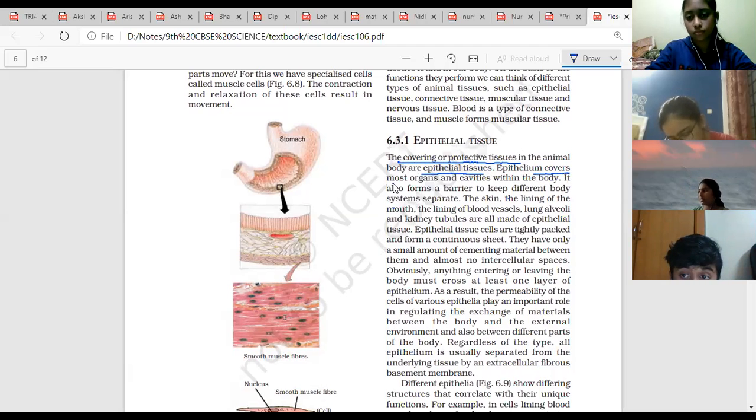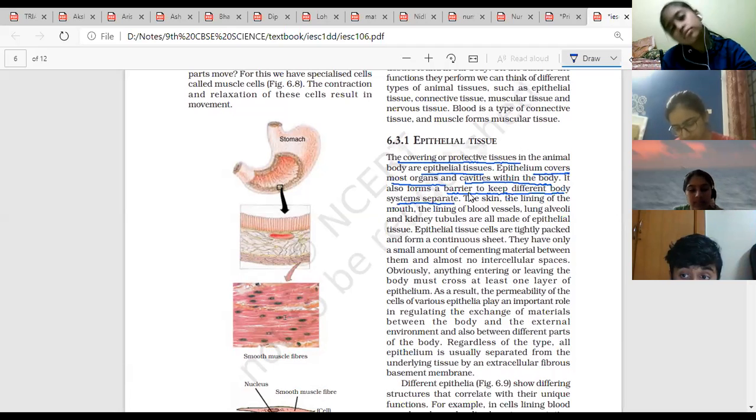Epithelium covers most organs and cavities within the body. It also forms a barrier to keep different body systems separate. Just like our different rooms are separated with the help of walls, epithelium separates different organs.